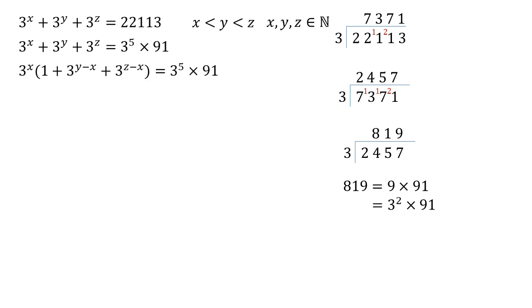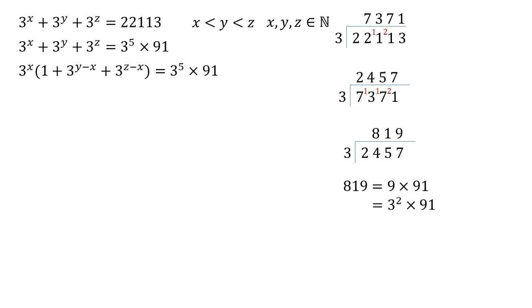So we take out the 3 to the x, and this leaves us with 1 plus 3 to the power of y minus x, because that's just 3 to the power of y divided by 3 to the power of x, plus 3 to the power of z minus x, and this is still equal to 3 to the power of 5 times 91 on the right-hand side.